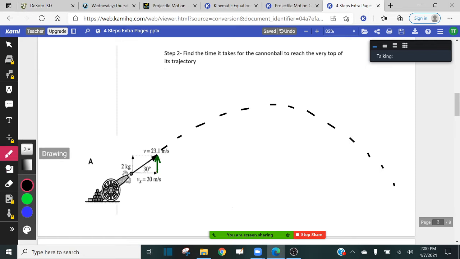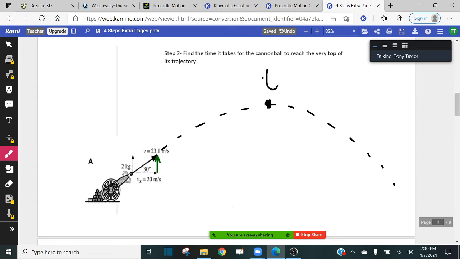So that's the trajectory of the cannonball. What we want to find is the time it takes for the cannonball to reach the very top of its path. This is ultimately what we're looking for in step two.